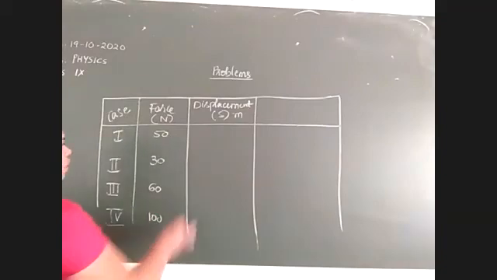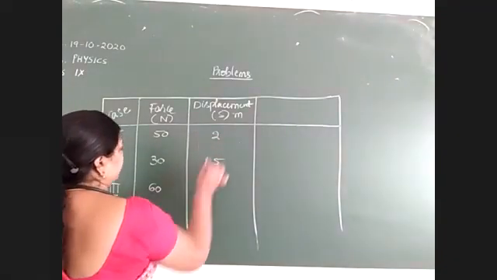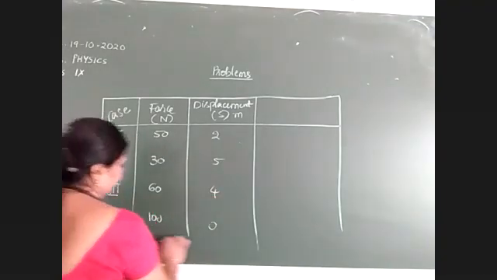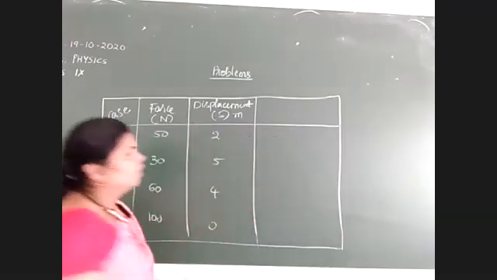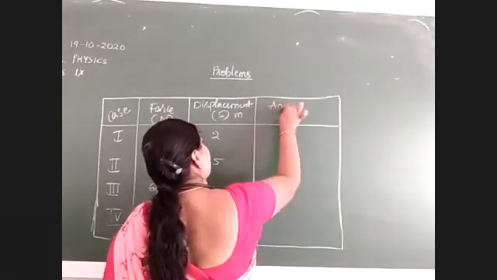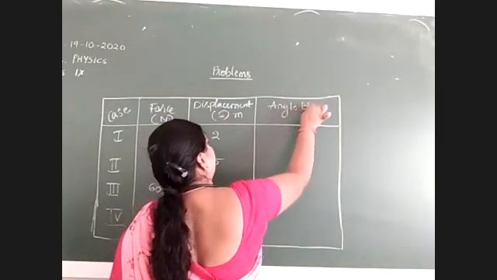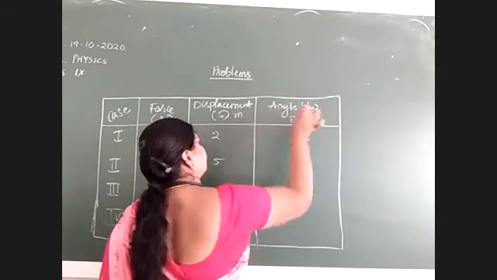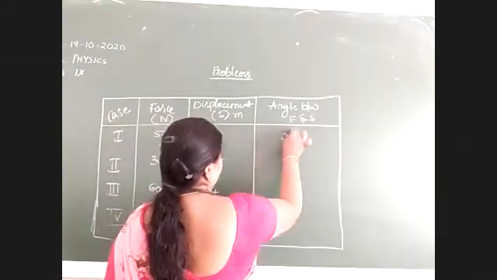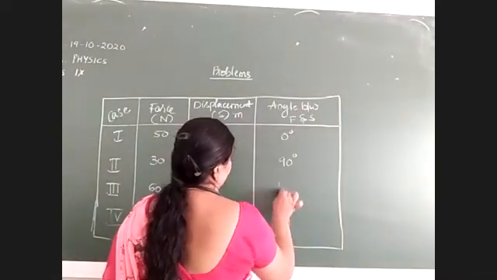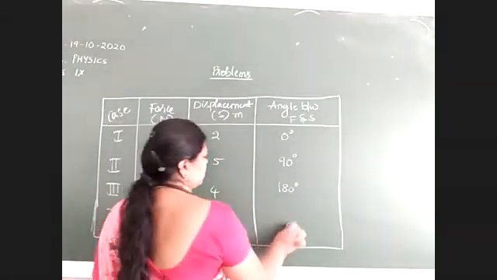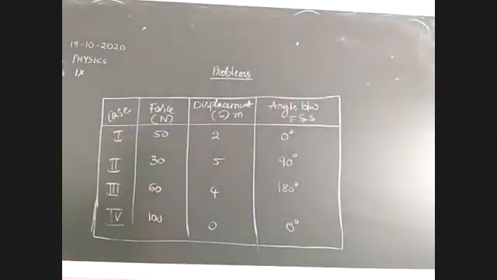Values are 2, 5, 4. This is important: the angle between F and S. 0 degrees, 90 degrees, 180 degrees, then 0 degrees. This is your given data.